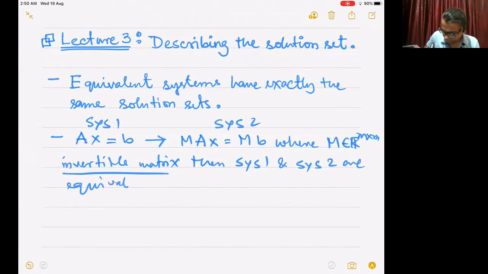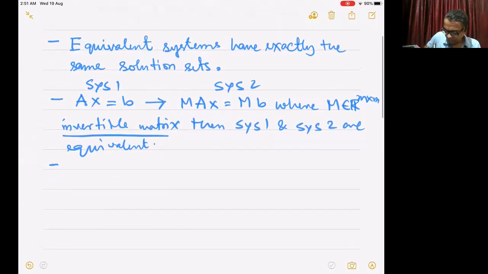Yeah, that's the trick. And then we didn't stop here actually. We showed how one can generate these matrices M by doing the so-called elementary row operations. And we found out that products of elementary row operations are good candidates for these invertible M matrices.